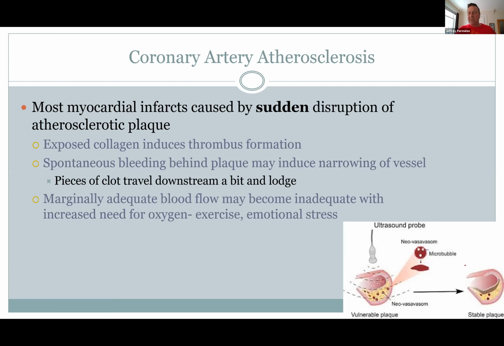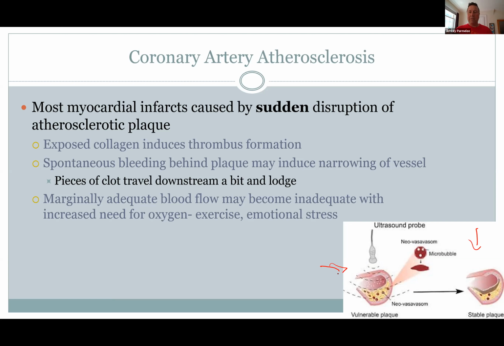So look at a stable plaque and a vulnerable plaque. Some of these plaques, like I mentioned, are going to have some changes and some bleeding, and a thrombus or clot forms right away. A piece can break off and go downstream a little and get jammed down here, and then suddenly you have a blockage of an artery.